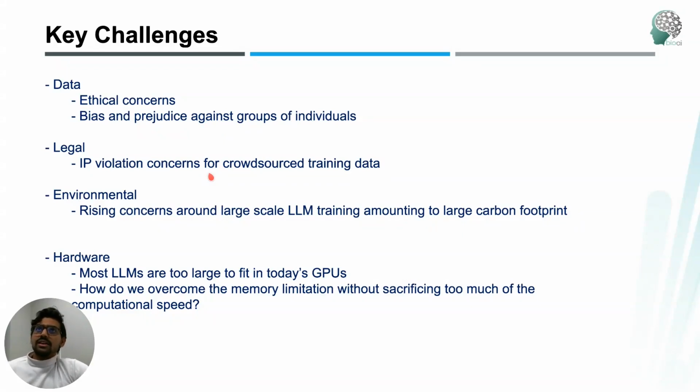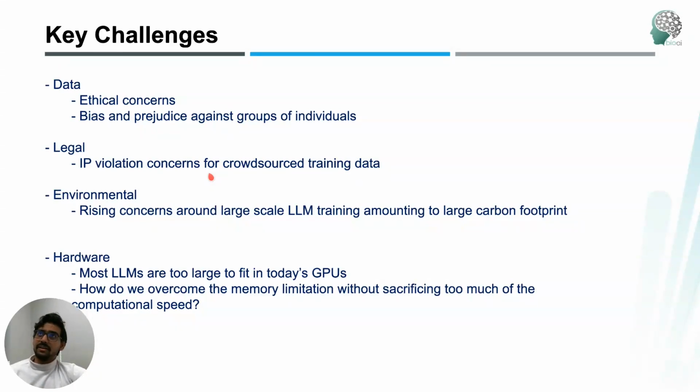Then there are environmental challenges, rising concerns that all these large scale LLM trainings are amounting to a large carbon footprint, which is largely true, because if you look at any past deep learning models, those were usually trained on a single 1080 Ti, and not a lot of time was spent on it, maybe a week at most.